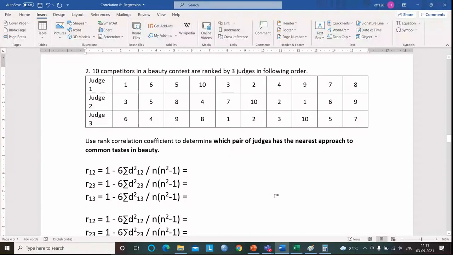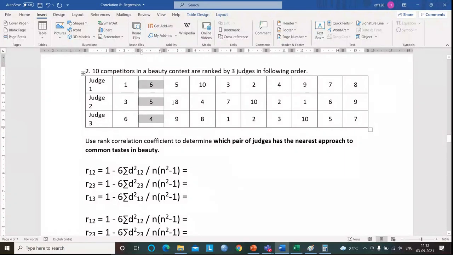So now, for the first competitor, the first judge has given first rank, the second judge has given third rank, and the third judge has given sixth rank. For the second lady, the first judge gave sixth rank, the second judge gave fifth rank, and the third judge gave fourth rank.